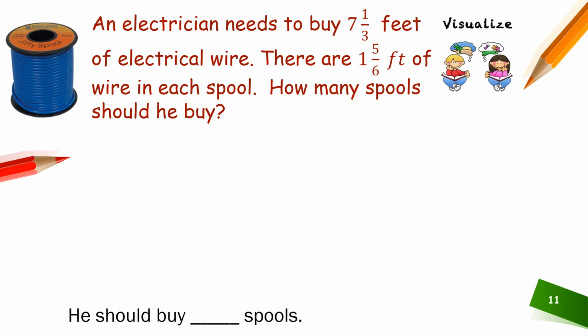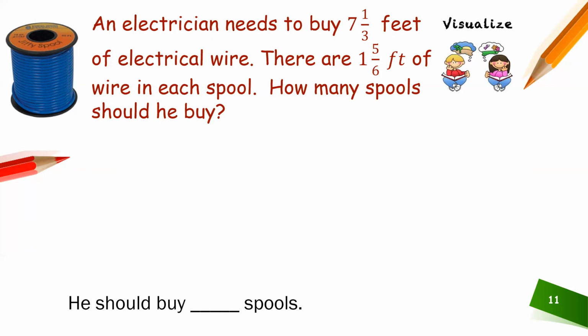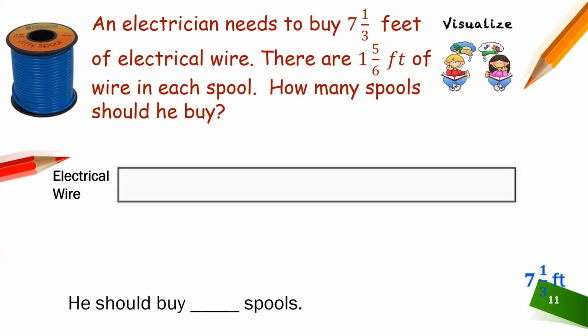So again, answer sentence. He should buy blank spools. What is involved? Electrical wire. How much? I need 7 1/3 feet. Well, each one of those spools only has 1 5/6. How many spools must I buy in order to get 7 1/3 feet?